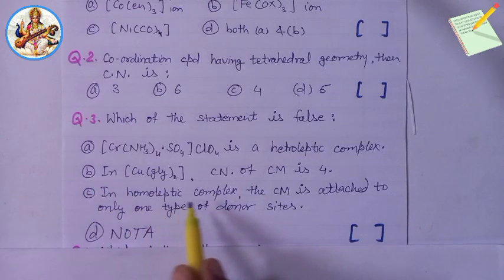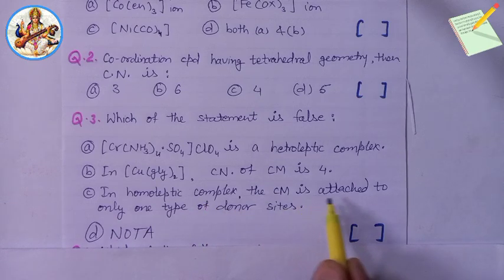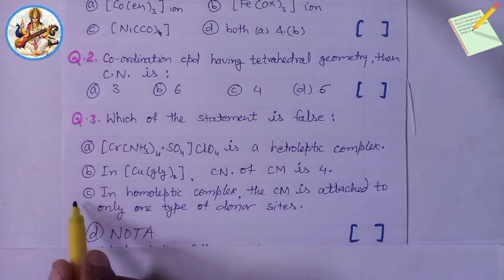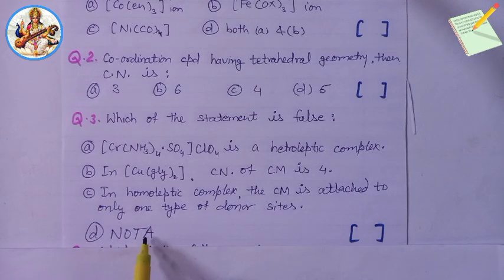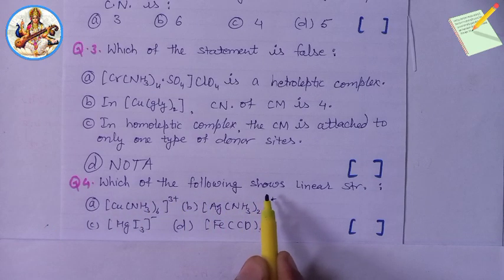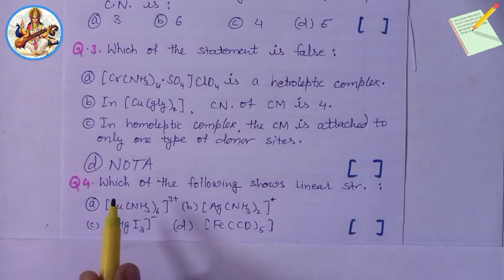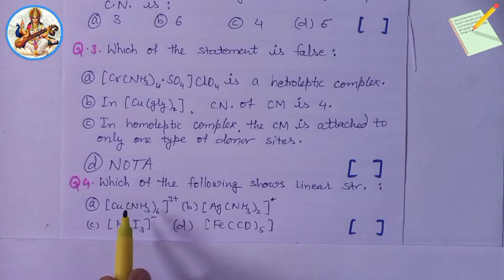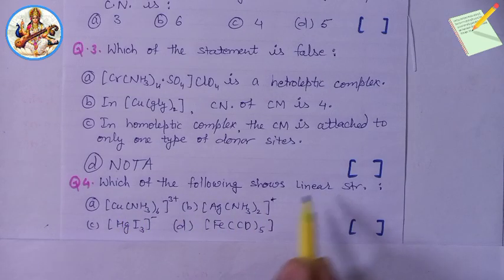Now next, option C. In a homoleptic complex, the central metal is attached to only one type of donor site. It is also a true statement. And D, none of the above. So the answer will be option D, none of the above. All these statements are true. Now next, fourth question. Which of the following shows a linear structure? We know that in coordination number 2, the hybridization of the central metal is sp and the geometry is linear.